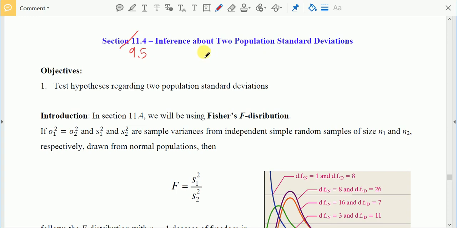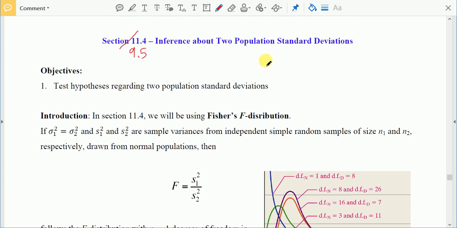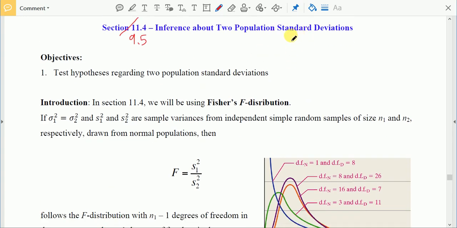Remember, for the mean, there are two types, dependent and independent samples. Now, in this section, we will learn about the last one, which is the standard deviation, or sigma.